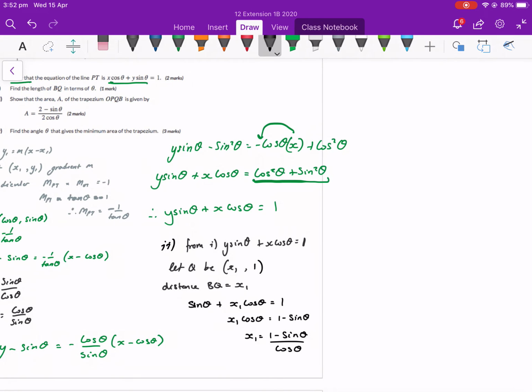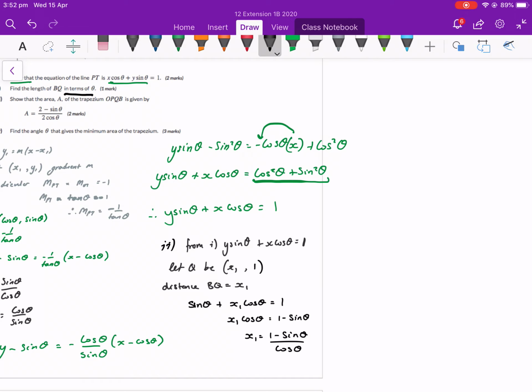Notice in the question it does say find it in terms of theta, and you'll find again with these questions later on in HSC, it's very rare with these earlier parts that you actually get whole numerical answers. A lot of it is building towards using these values and expressions later on to help solve a bigger problem.